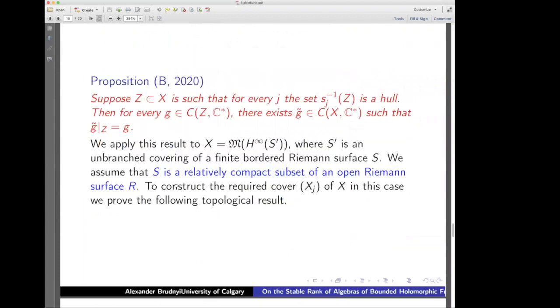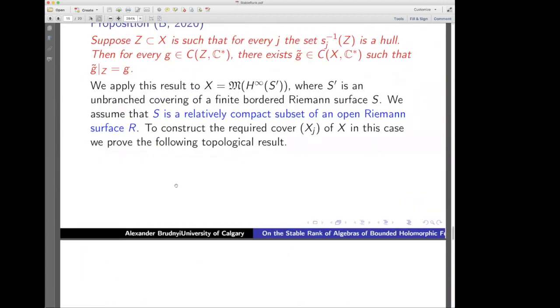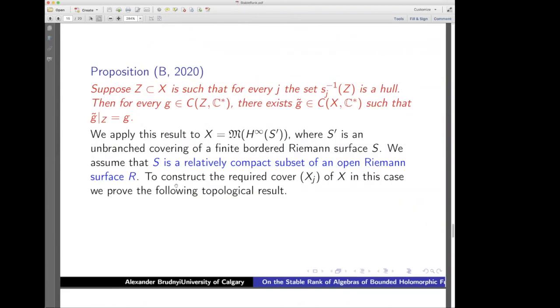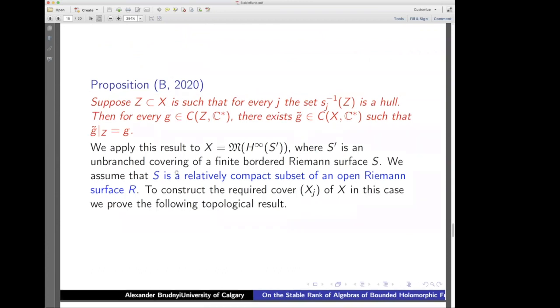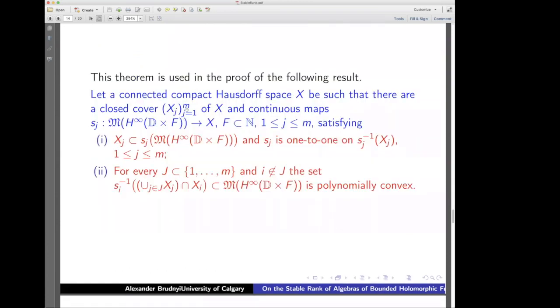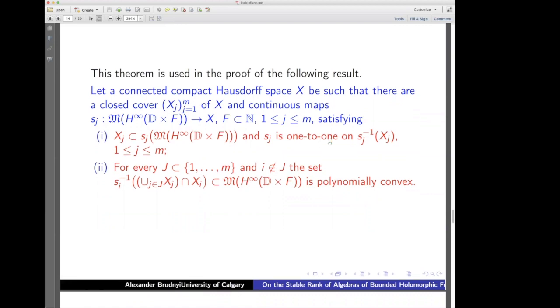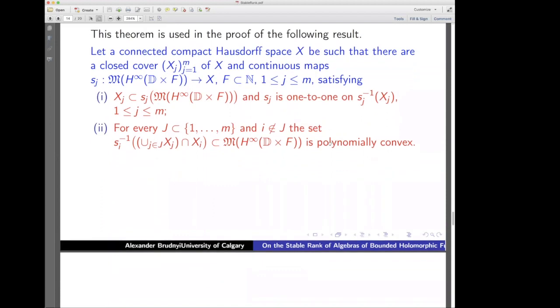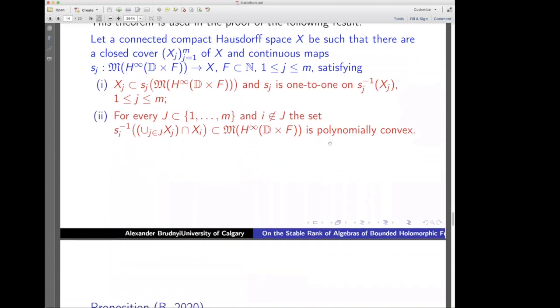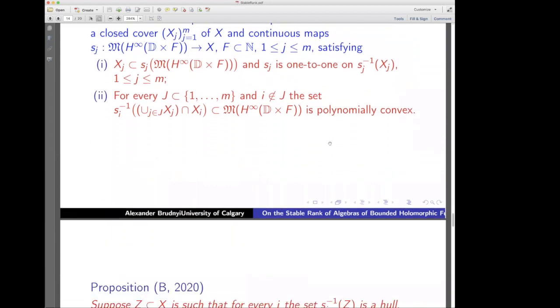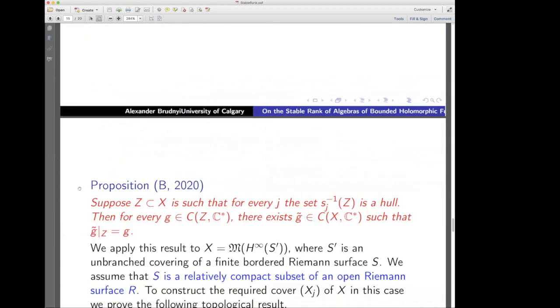So now, applying this, we need to construct a closed cover for our space X, which in our case will be the maximal ideal space of H infinity over the covering of a bordered Riemann surface.